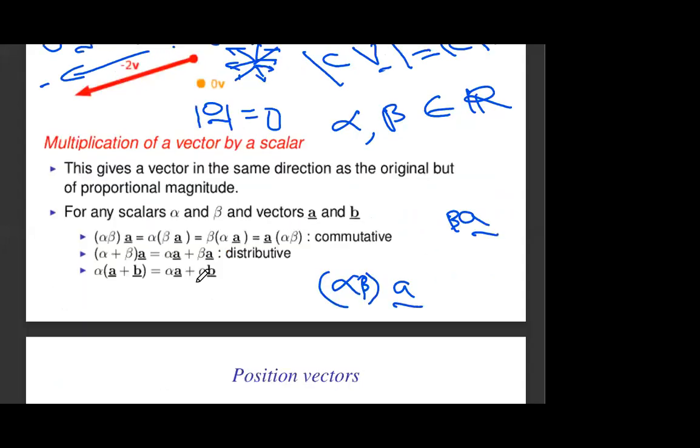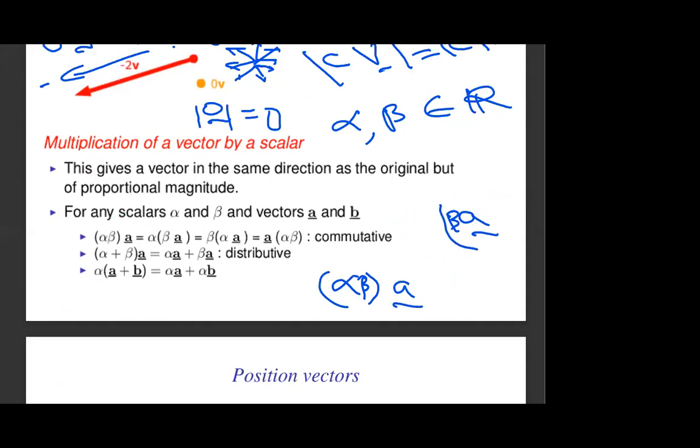Okay, so I was talking about this property here. So a is multiplied by this scalar, and then you get this one.